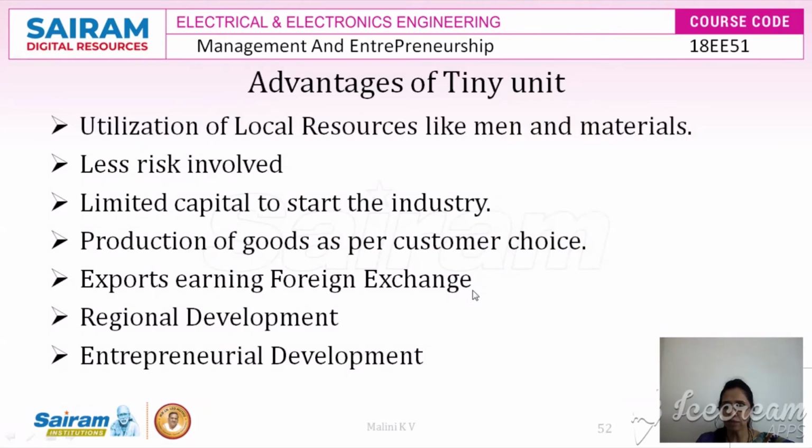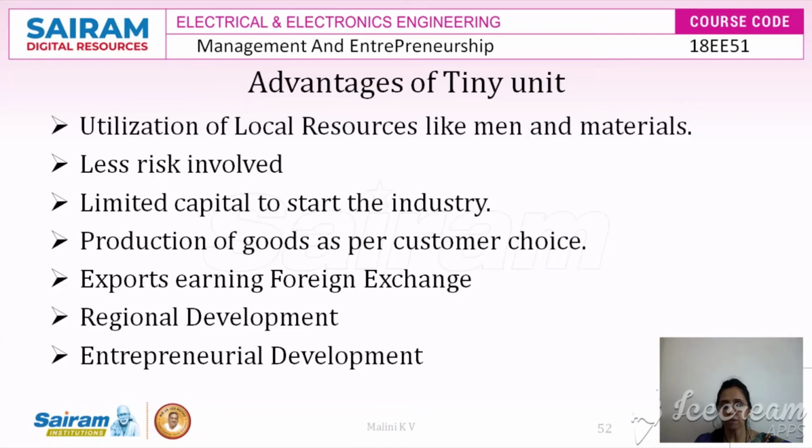So what are the advantages of tiny industrial units? There are many advantages. Tiny industrial units use localized resources. They use localized human resources as well as materials to run the unit, and the risk involved is very less.